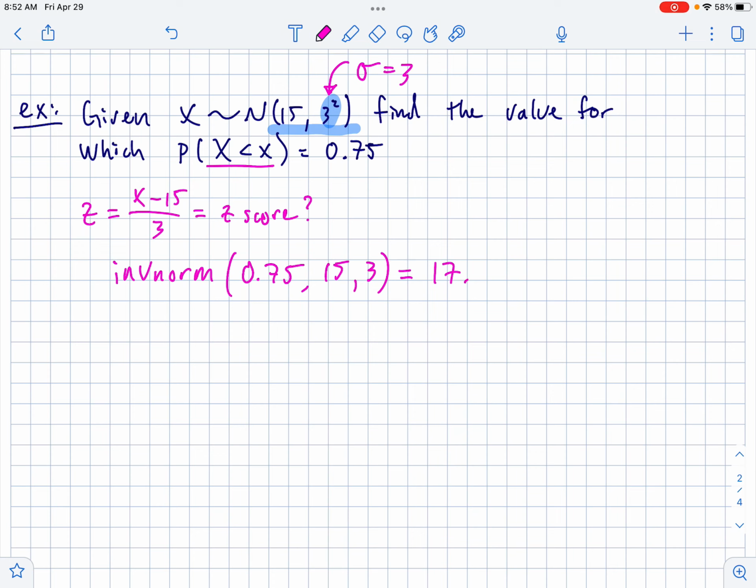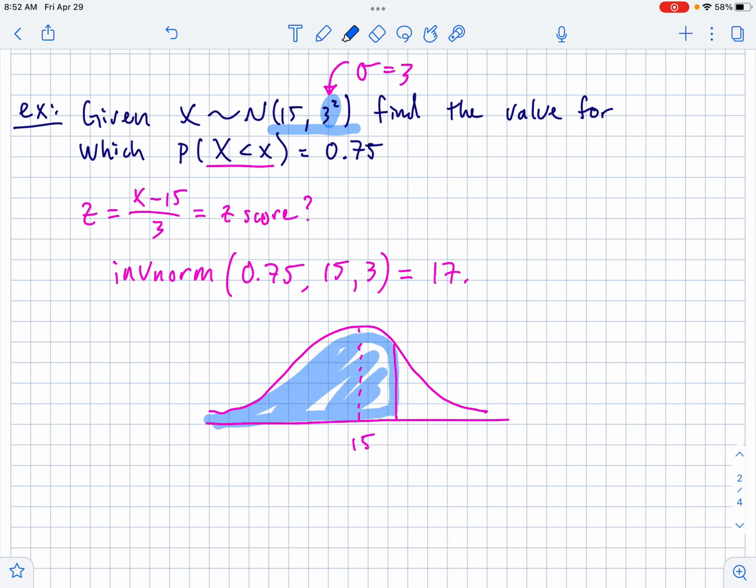So if you were to draw a very bad normal distribution where the mean is 15, and you go up to 17, this area right here is 0.75. Yeah, I don't think you need to turn it into a z-score. Don't worry about it.